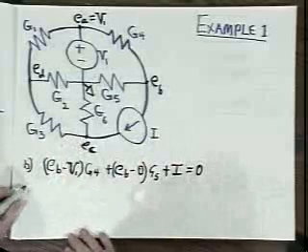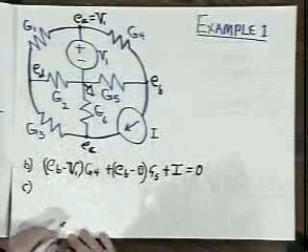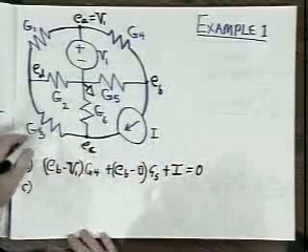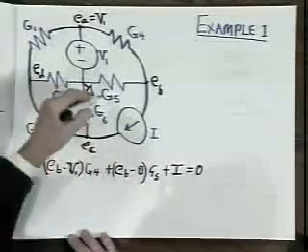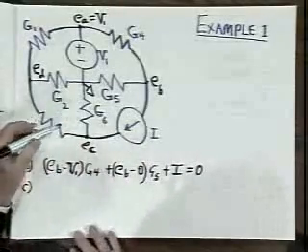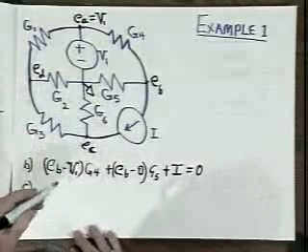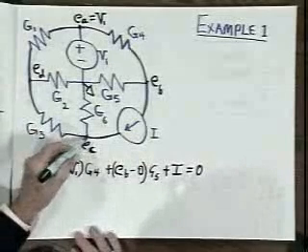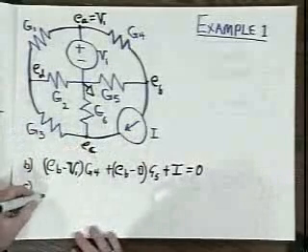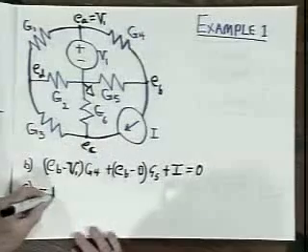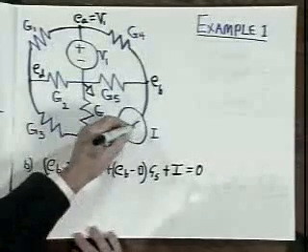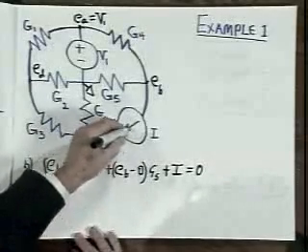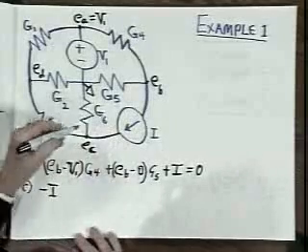Move down to node C. I got 3 elements again. Turns out all these except this central node have 3. But if I start here and sum the current out of node C through the current source is minus I, because the current source definition has the current flowing in.